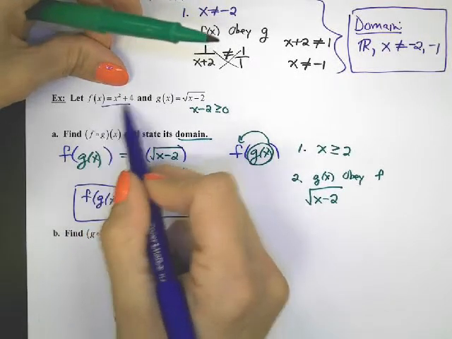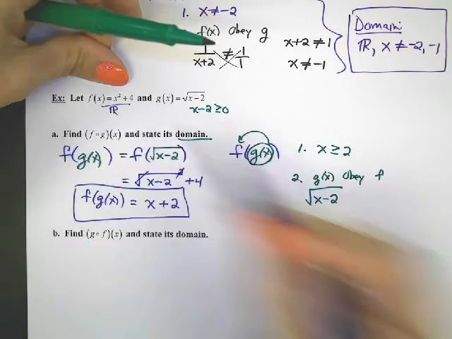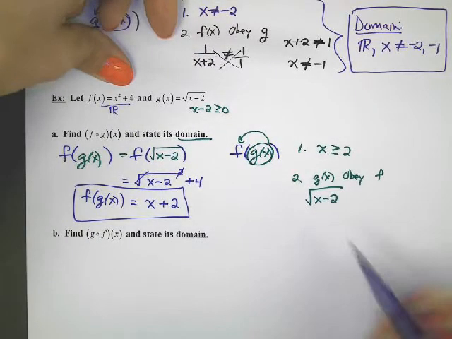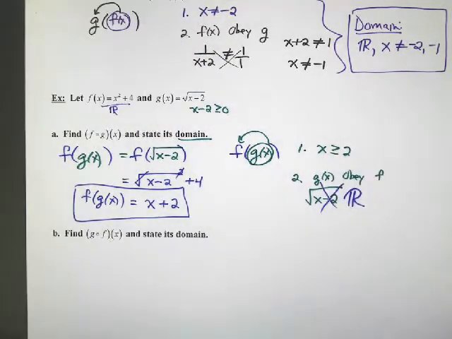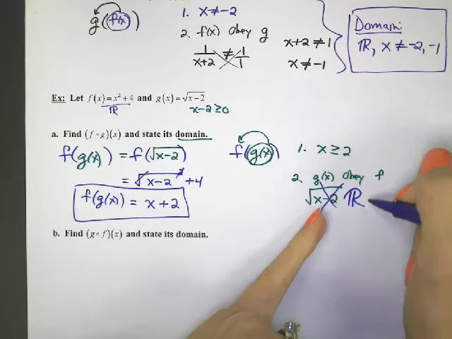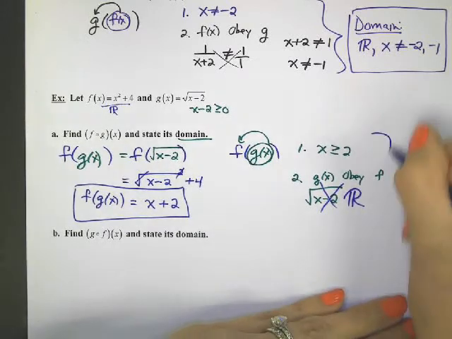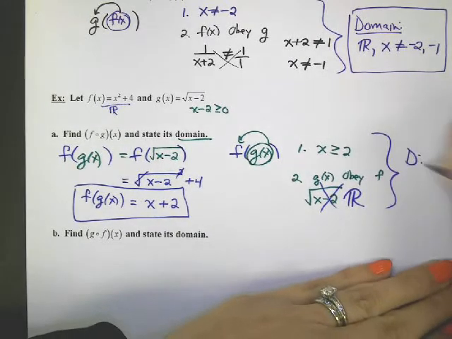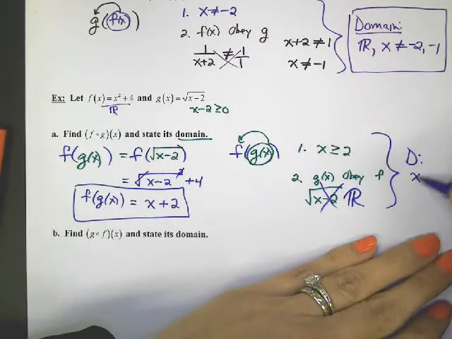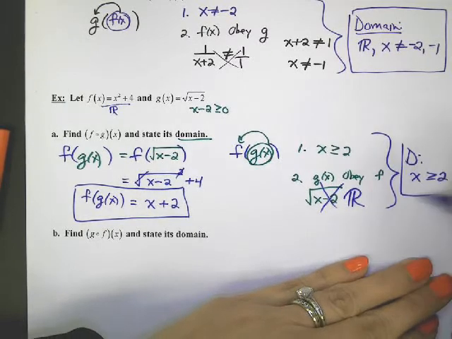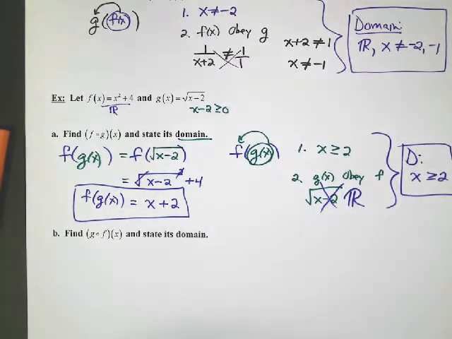Oh, no, f is fine. f will allow in all reals. So he has to obey all reals. That's fine. He will allow in anything. All right, so let's put these two together for the overall domain. x is greater than or equal to 2.